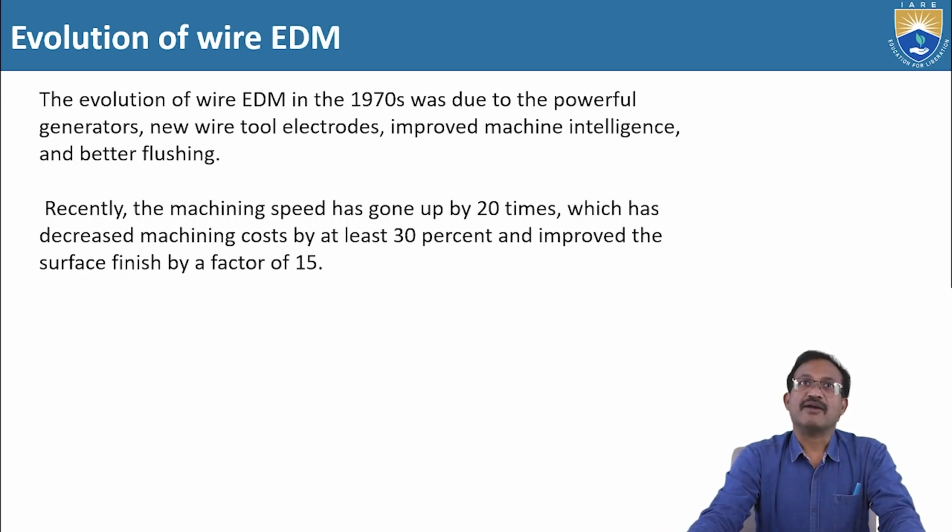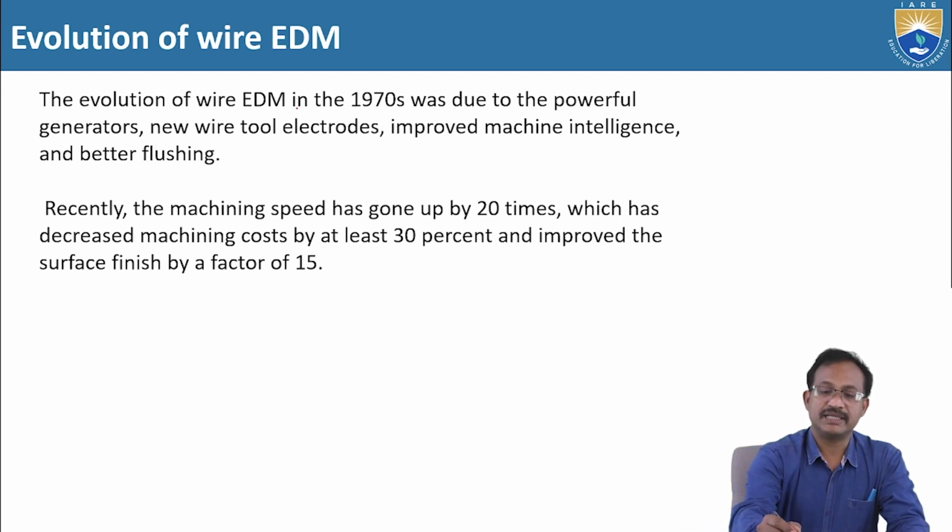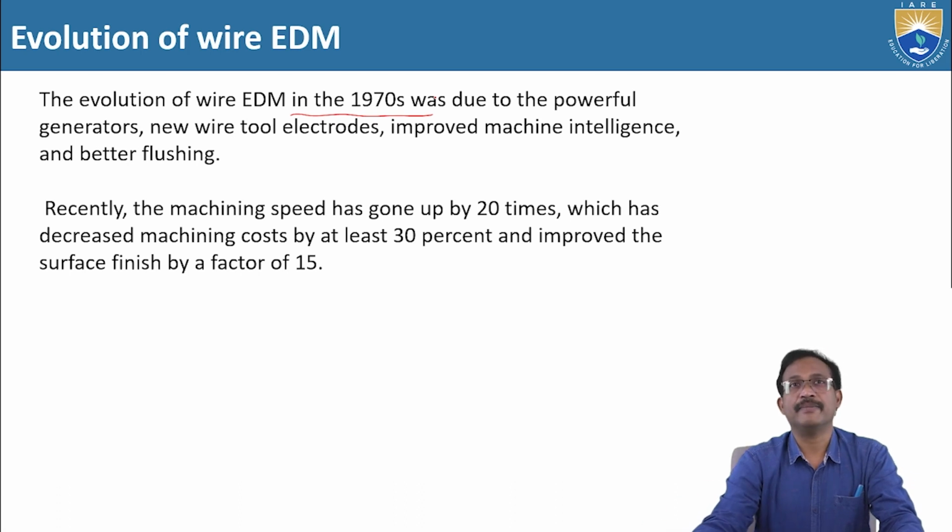Next one is evolution of wire EDM. The evolution of wire EDM in the 1970s was due to the powerful generators, new wire tool electrodes, improved machine intelligence, and better flushing. However, we will see this wire EDM in the subsequent lectures.